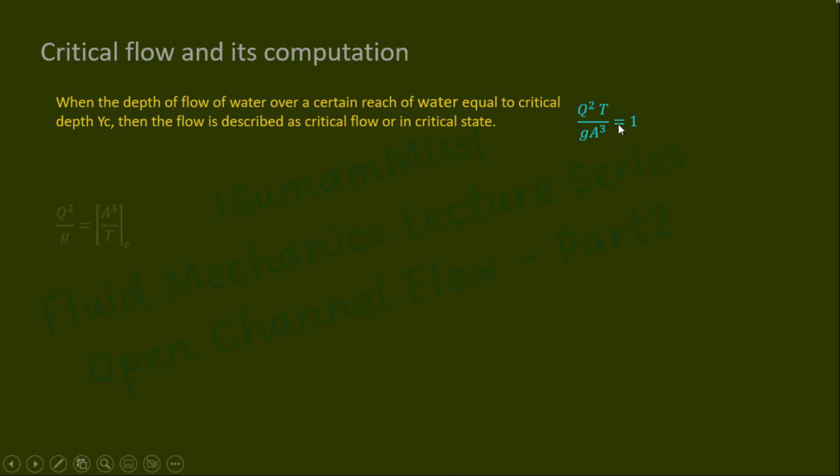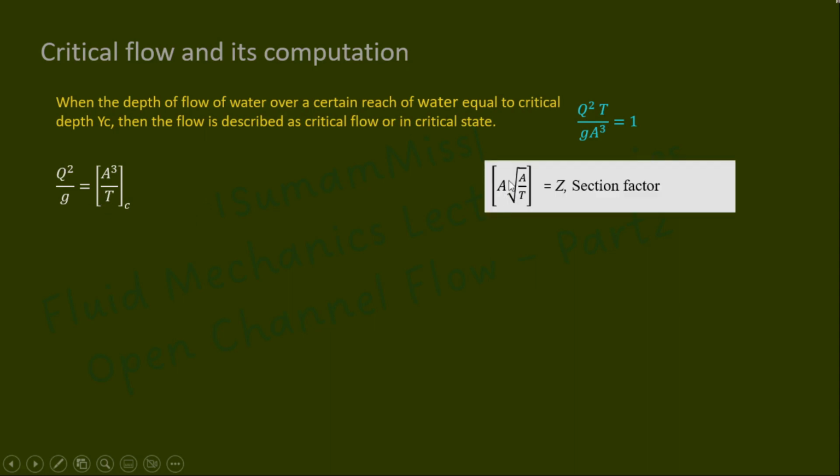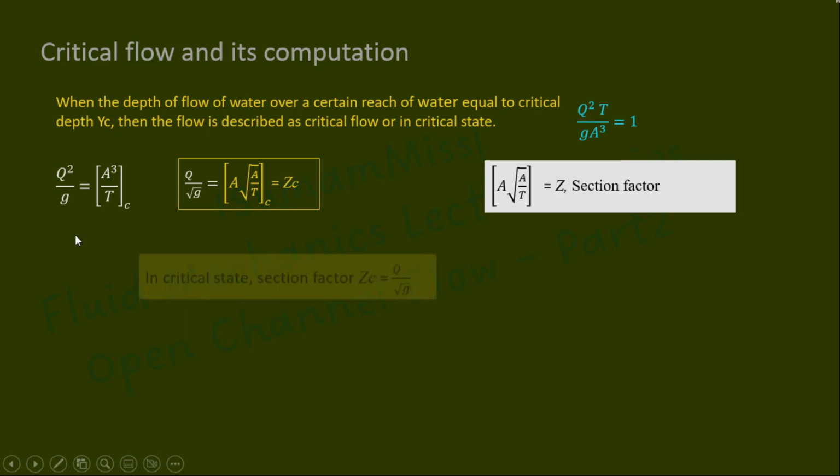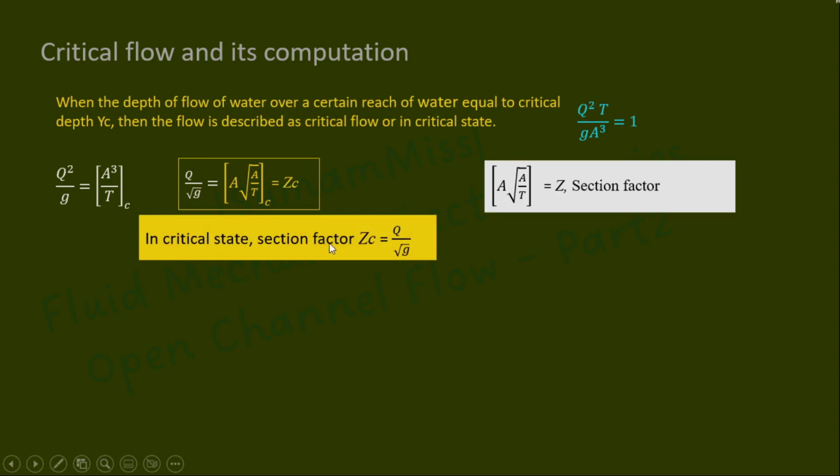Modifying this equation, we can represent it as Q square by G equal to A cube by T. But A into root of A by T is equal to Z, the section factor. So this equation can be written as Q by root of G equal to A into root of A by T, which is the section factor at the critical state. So in critical state, section factor Zc equals Q by root G.